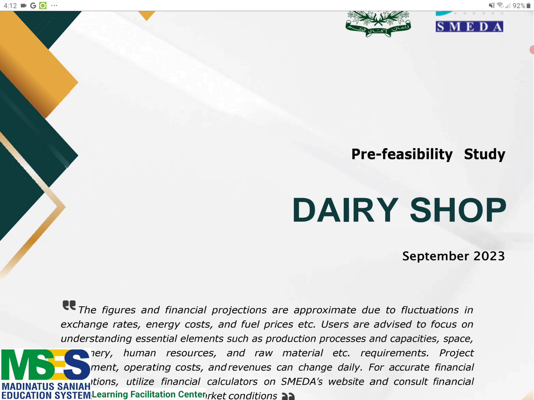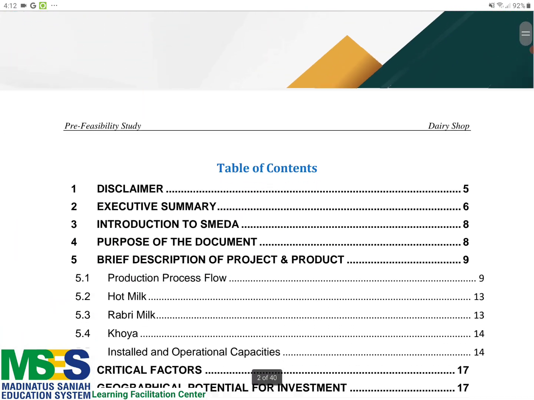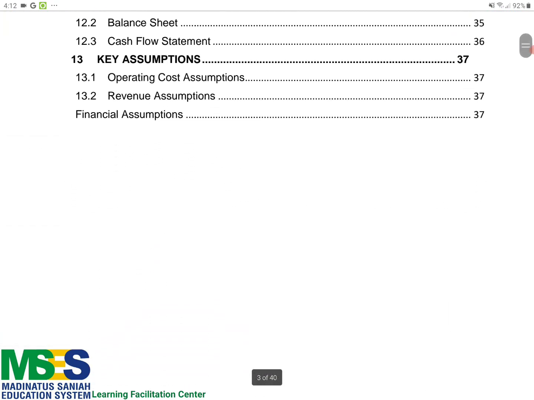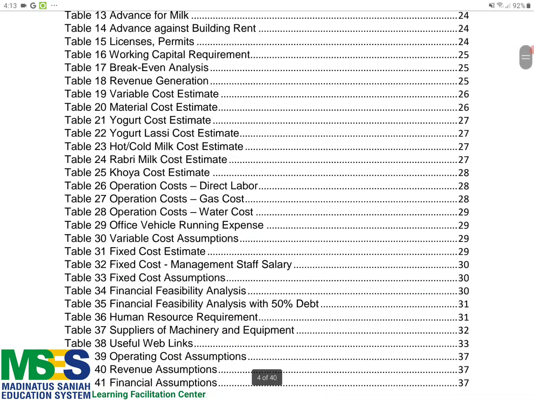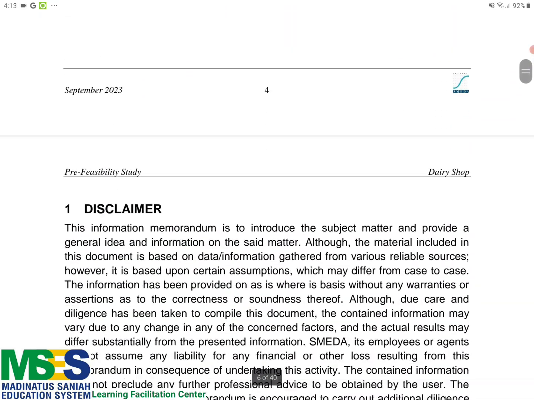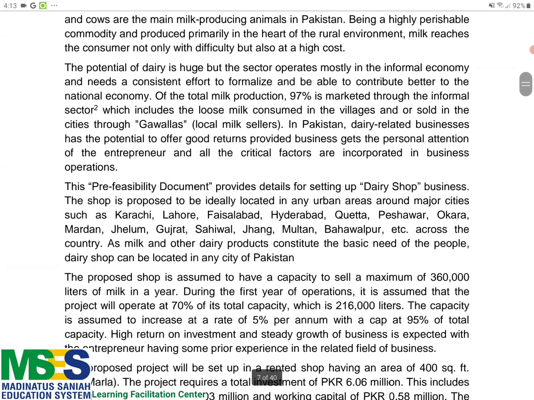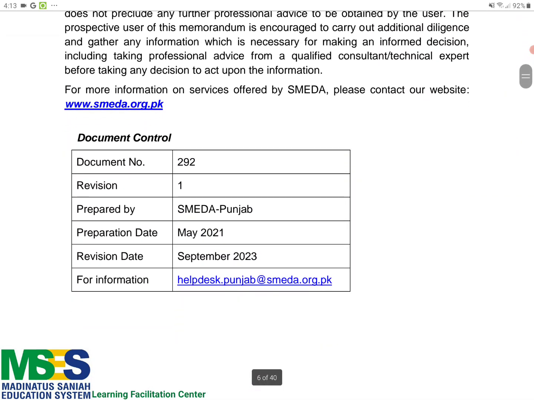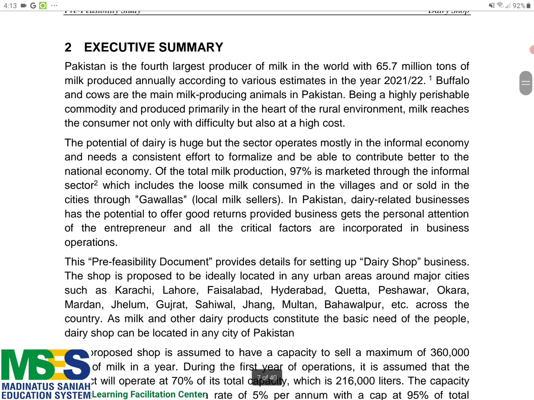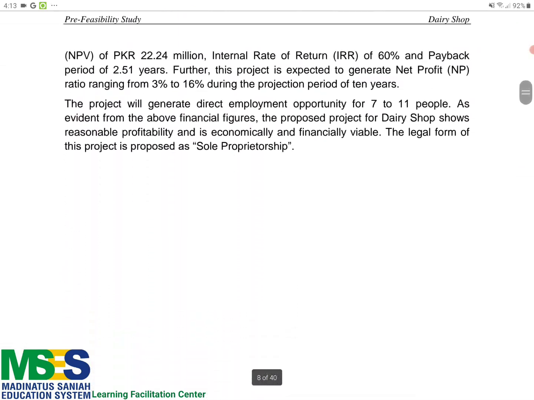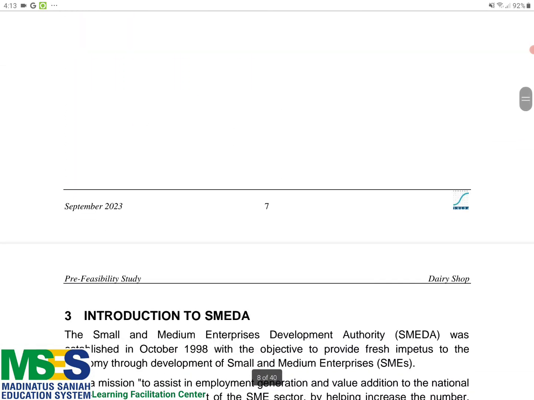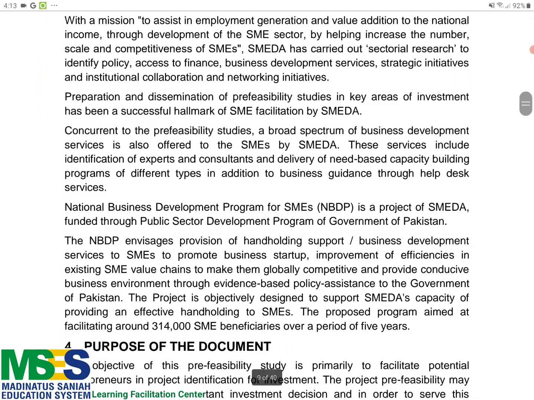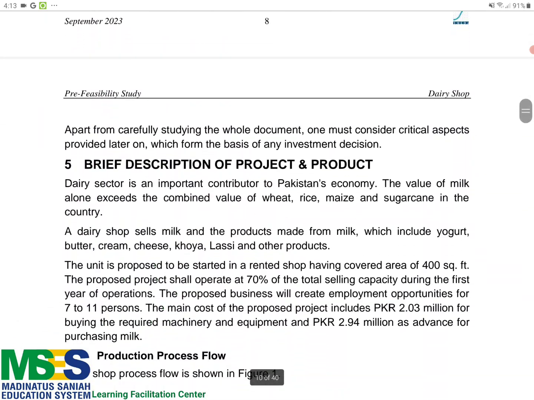Okay. So, moving on, what are the things that you want to tell us about the dairy shop? I'm not interested in reading the whole story. What I've asked you is to give me some numbers, like how much money would be needed and things that you have picked from the feasibility.